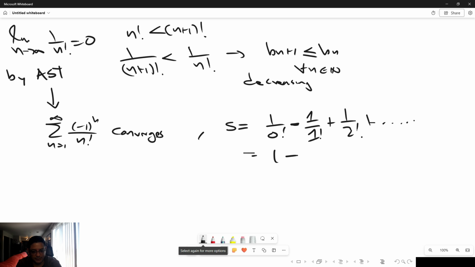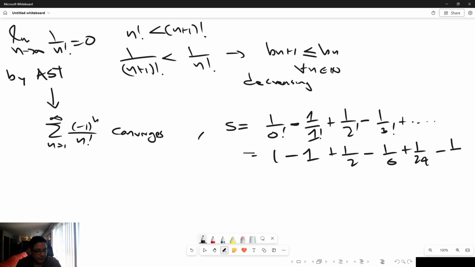This is minus this plus this, and then let me showcase one number more. Then minus 1 over 3 factorial. So this is 1 minus 1 plus 1/2 minus 1 over 6. And I can go a couple more numbers. And this is like 1 over 24 minus 1 over 120, so on and so forth.